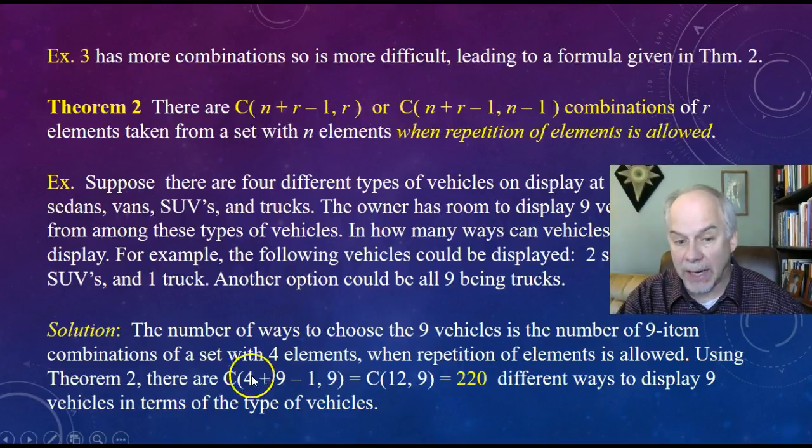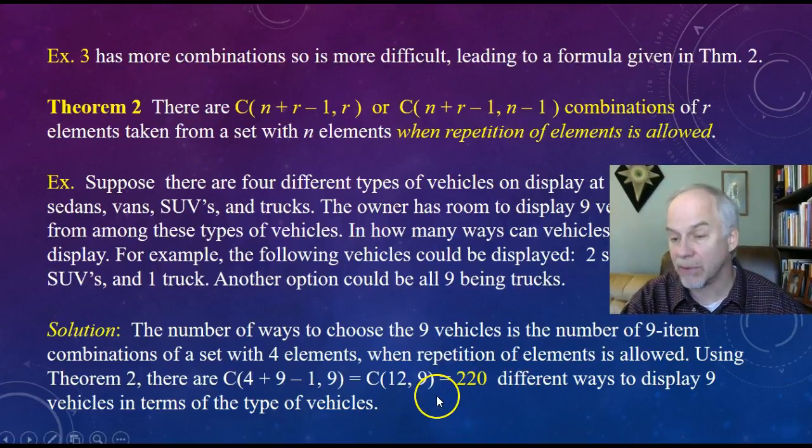So this, if you add that up and subtract the 1, you get 12. So it's really finding the combinations of 12 things taken 9 at a time. And if you apply the formulas we had in the previous slides, you get 220 different ways to display those 9 vehicles in terms of the types of the vehicles that you're displaying.